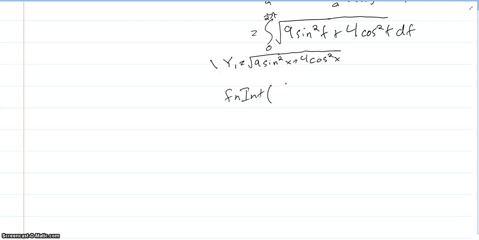And then Y-vars, function, y1, so it looks like that, comma x, just click that, comma, and then the same range, so 0 to 2 pi.